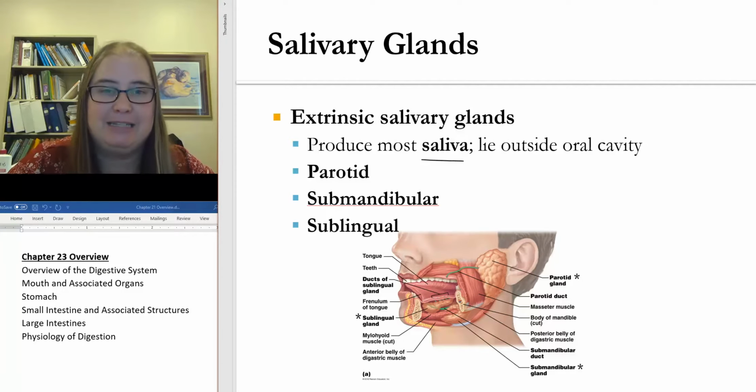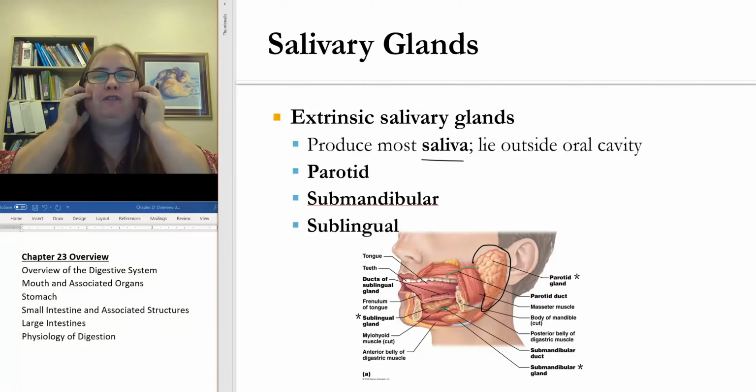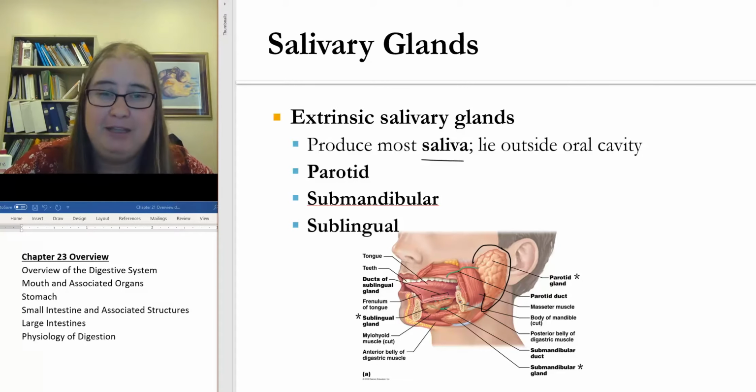Our first one is our parotid, which is this structure right here. I can always feel the parotid gland secrete a massive amount of saliva when you eat something really sour. You can feel it clenching down, contracting and releasing that saliva. That duct comes in and secretes in the superior aspect of the oral cavity.